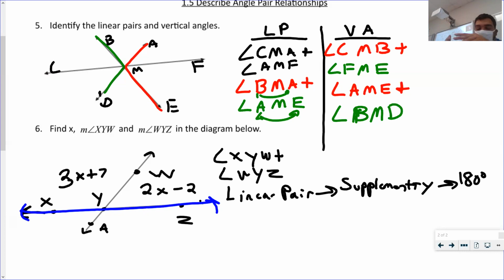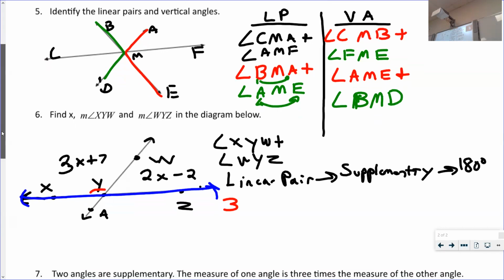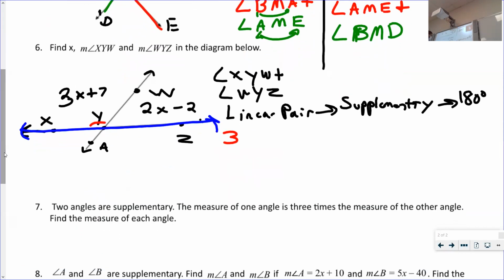So what am I going to do? I'm going to take both angles, add them together, and set it equal to 180. So I'm going to take angle 1 here, 3x plus 7, and I'm going to add the angle over here, plus 2x minus 2.